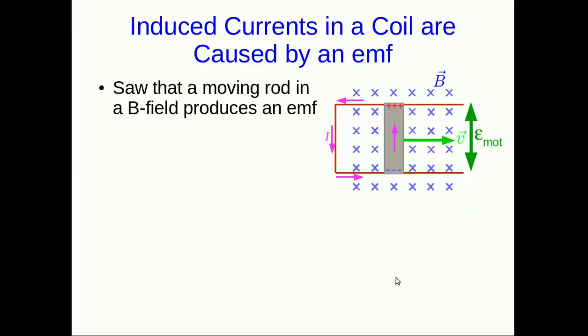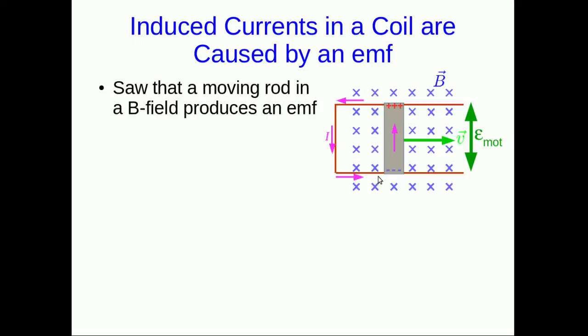Two lectures ago, we saw that by moving a conducting rod through a magnetic field, we produced an EMF in that rod that we called a motional EMF. And with a clever setup, we could make that drive a current.